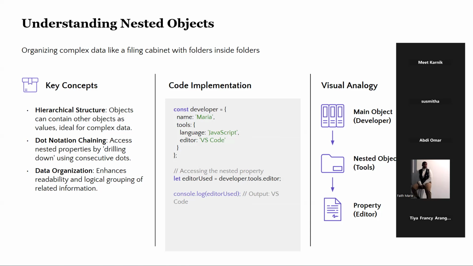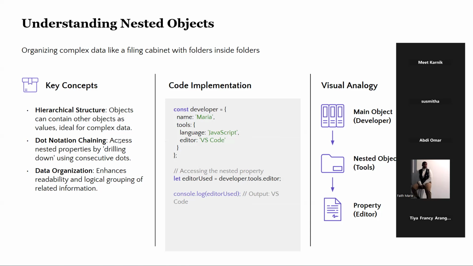So in the example in the center, we have a developer object. Inside it is a regular property, name, with the value Maria, and then we've got the tools that she uses. The tools is not just a single value, it's another object. Inside those tools, we have language set to JavaScript and editor set to VS Code.